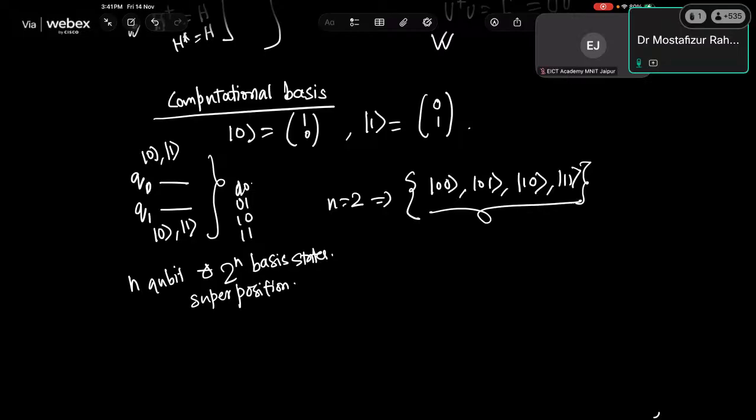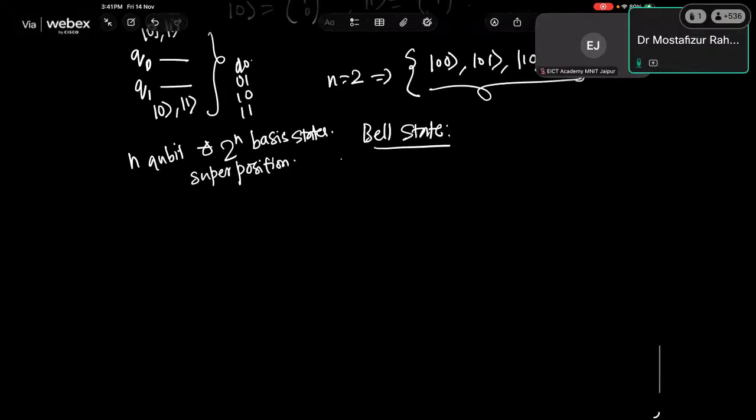Now let's take an example, the Bell state, right? The Bell state is defined as 1 by square root 2 times (|00> plus |11>).